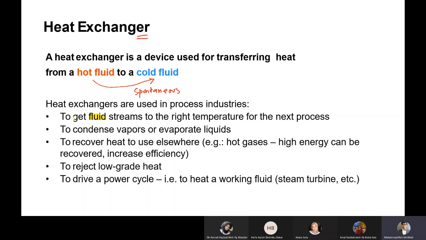Or you want to condense vapor or evaporate liquid. Condenser here, you know it in refrigeration and air conditioning. Evaporation also, you know it in refrigeration.